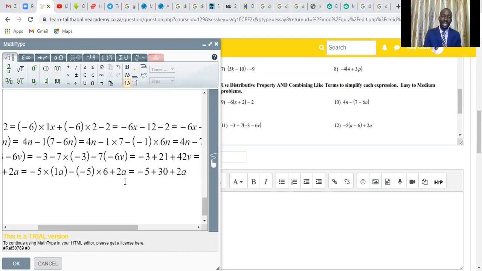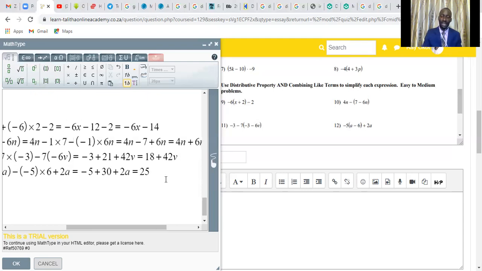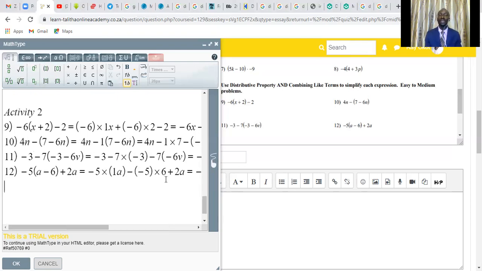Yes, we can simplify this: a minus 5 plus a 30 is the same as 30 minus 5, which gives us positive 25. This time it's added to 2a. And please note that this becomes the solution for activity 2, question 12.